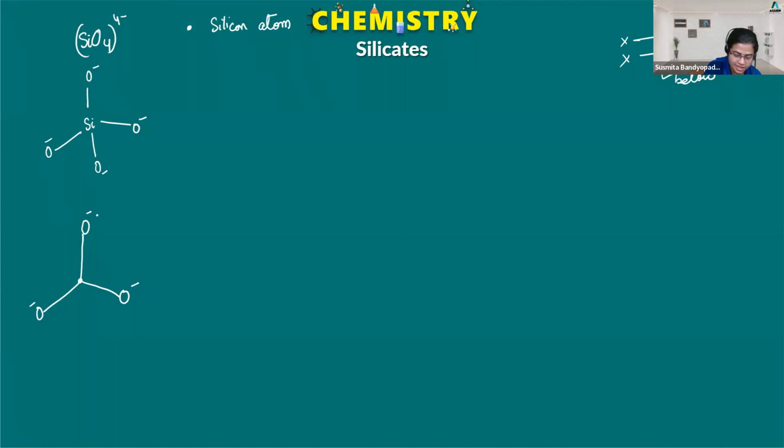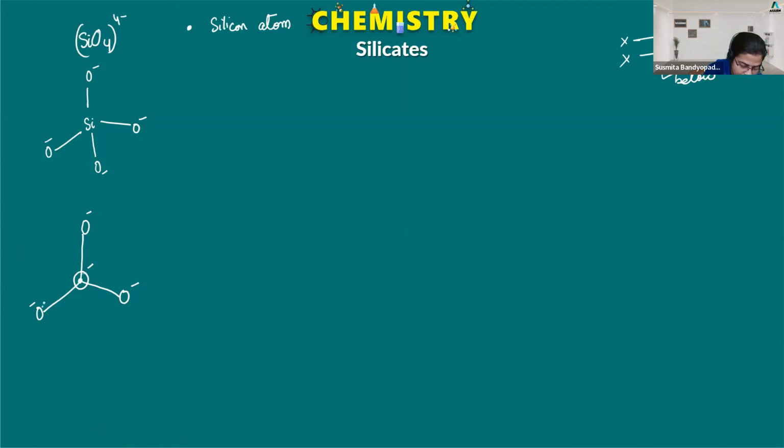But how will you represent it? I'll put it here, O minus, indicating that this O minus is not present on top of silicon, it's present on a plane above. But in 2D on a paper, on a screen, you will put an O minus, indicating that this O minus is just above this dot.